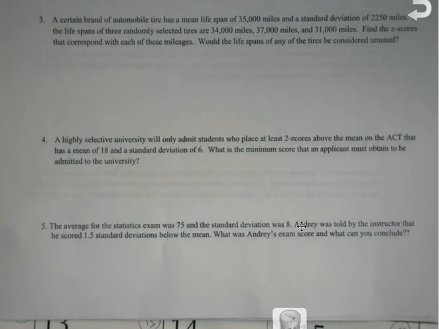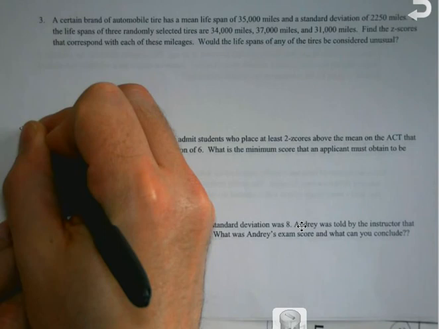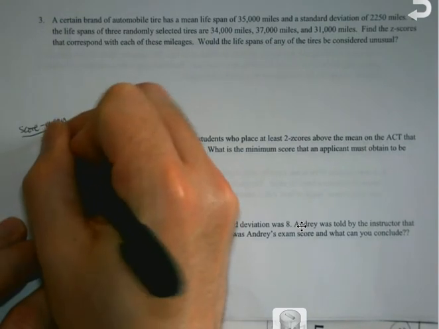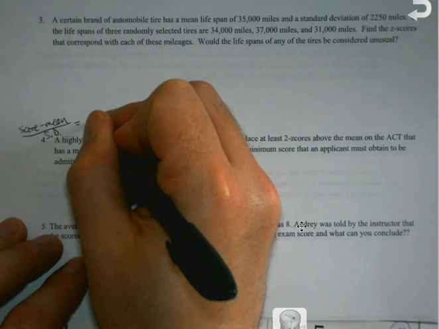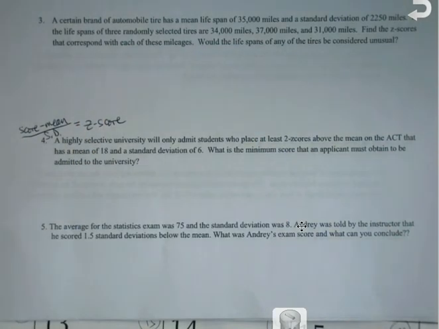So you're like, okay, now the formula is score minus mean over standard deviation equals z-score. That's important to keep in mind as I'm doing this because they're not giving me the same information they necessarily did when we were going through the notes.